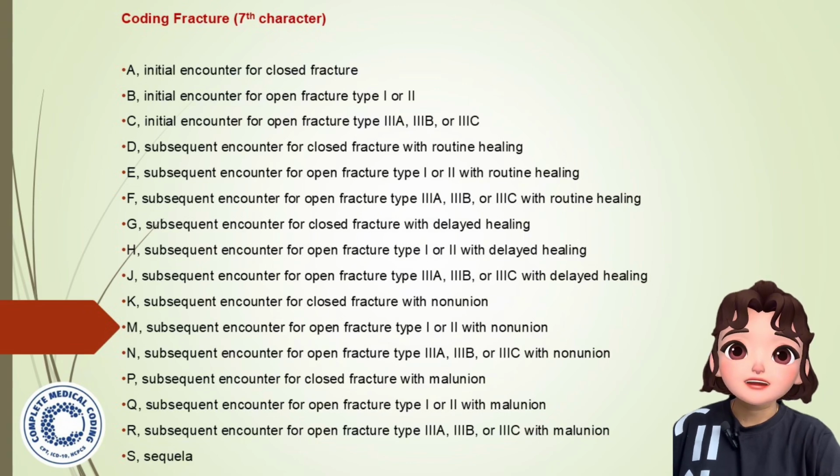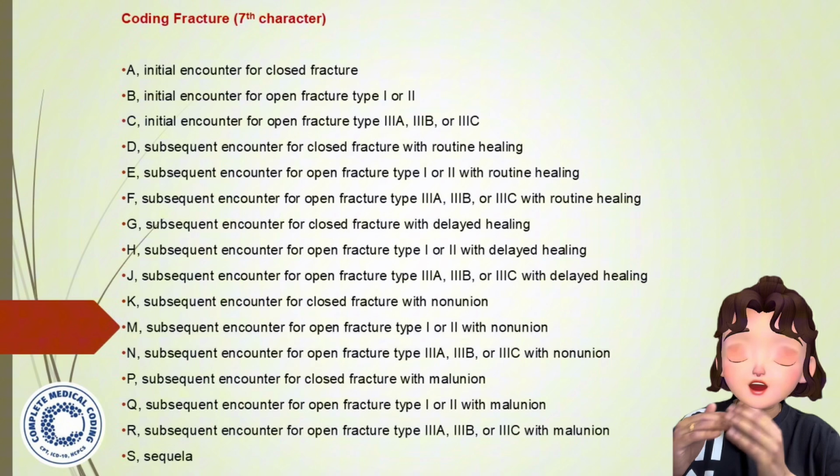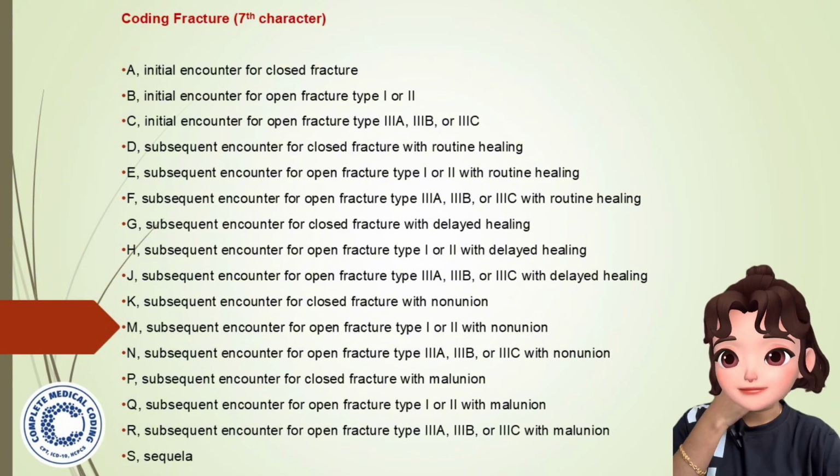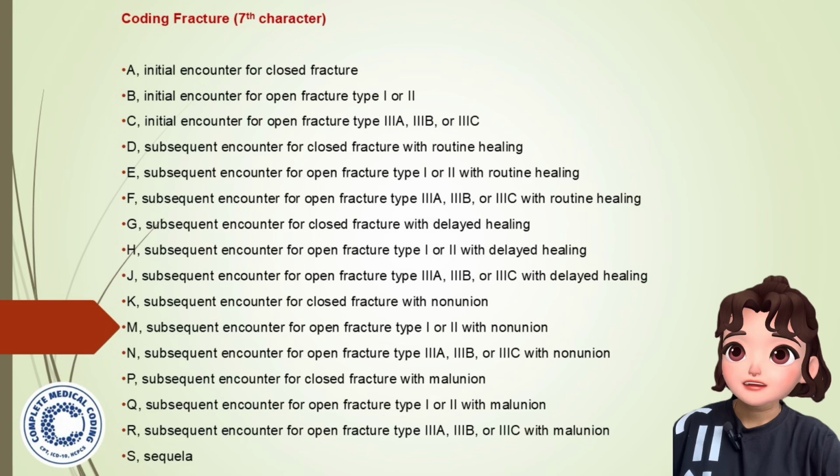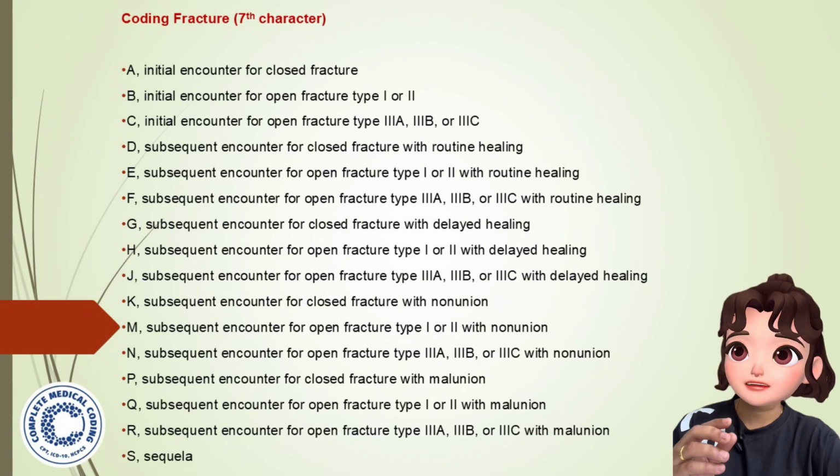It looks a little complicated, but it's very easy to understand. You can mark it as options in 3 to 4 different stages. A to C, A, B, C represent just the fracture. Always the first one will be closed and the other two will be open.